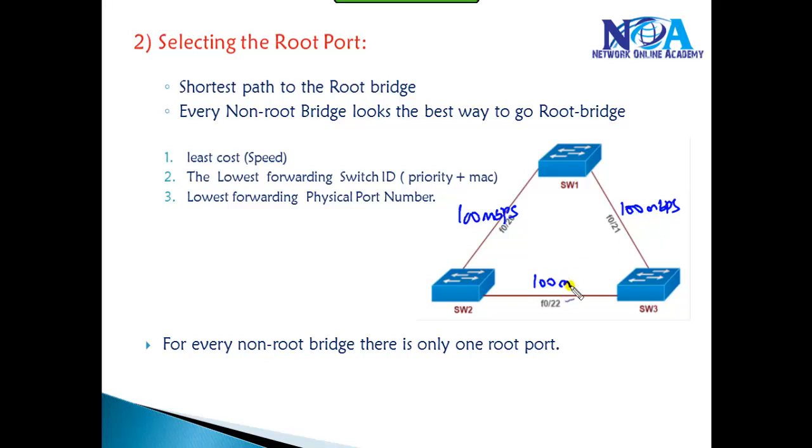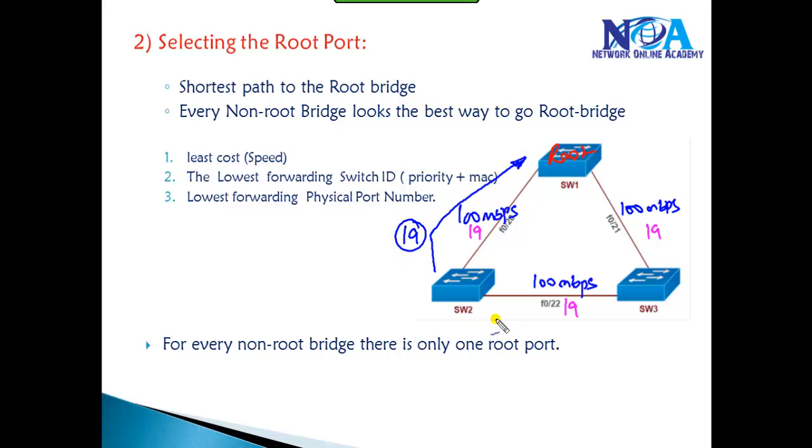So I'm assuming all the links are 100 Mbps links. Now who is the root bridge? This is my root. Every non-root bridge looks for the best way to go to the root bridge, and the cost to reach on each and every port is 19. Based on 100 Mbps, the cost is 19. So if I go this way, let's say I'm going from this route, what's the total cost? It's going to be 19.